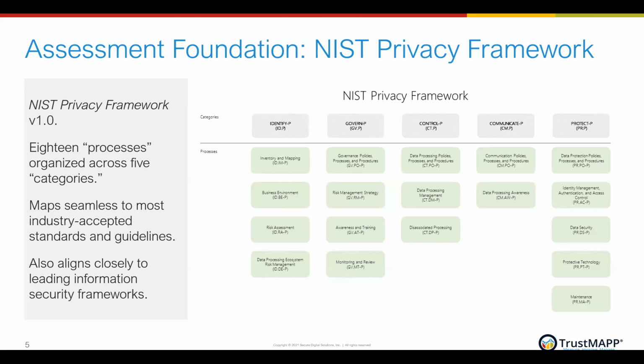I can't recall if the framework refers to these as categories or something else, but within TrustMAPP, we call them categories. And then as you can see here, underneath the categories are any number of processes supporting a given category. And we can see that it's not symmetric. There are some categories that have more processes than others.